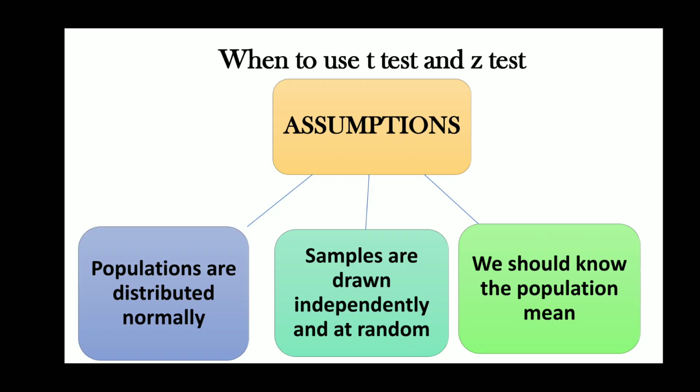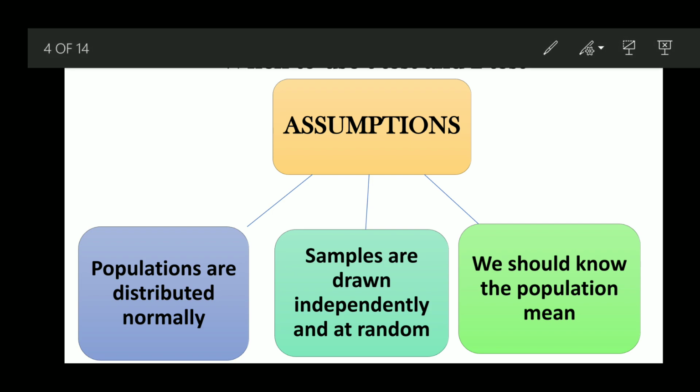Okay, now when to use the t and z test, that means what are the basic assumptions. If your populations are not following these three assumptions, we cannot go for the T or Z test. What are those?